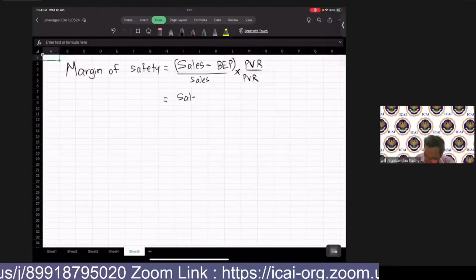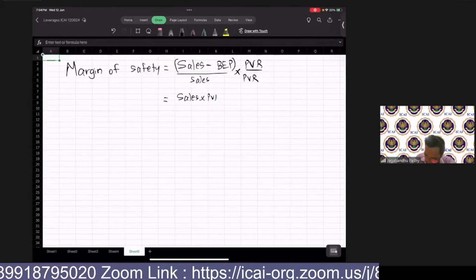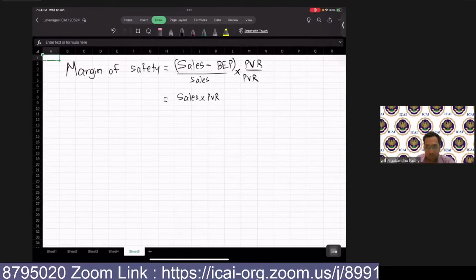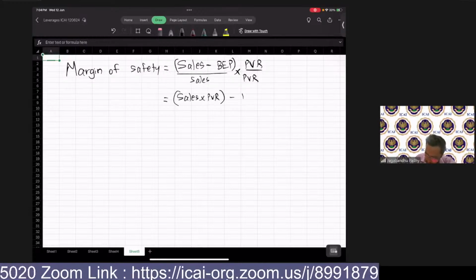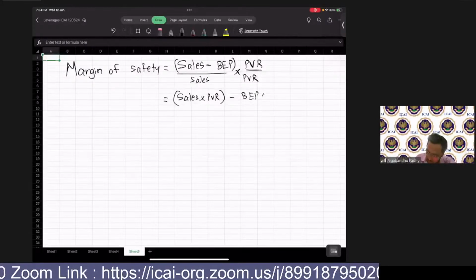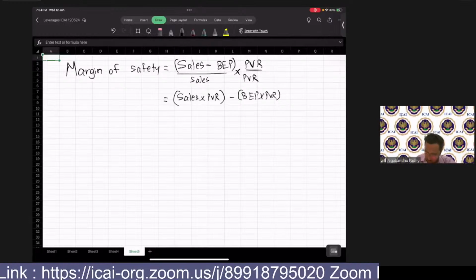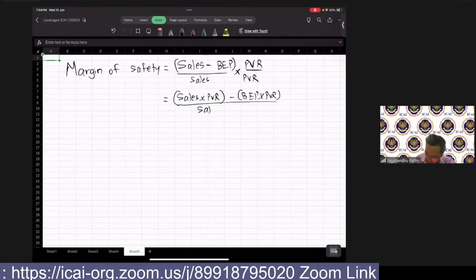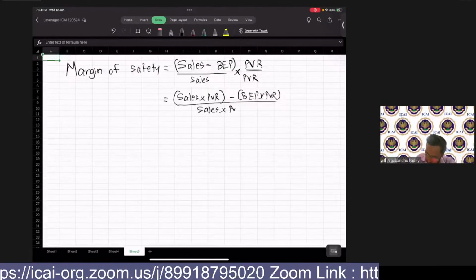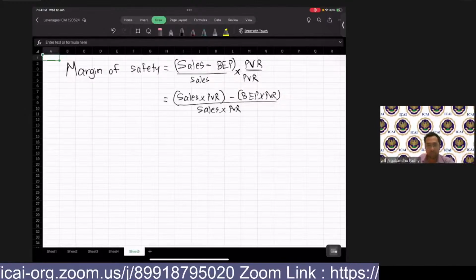This will become sales into PV ratio minus break-even point into PV ratio, divided by sales into PV ratio.